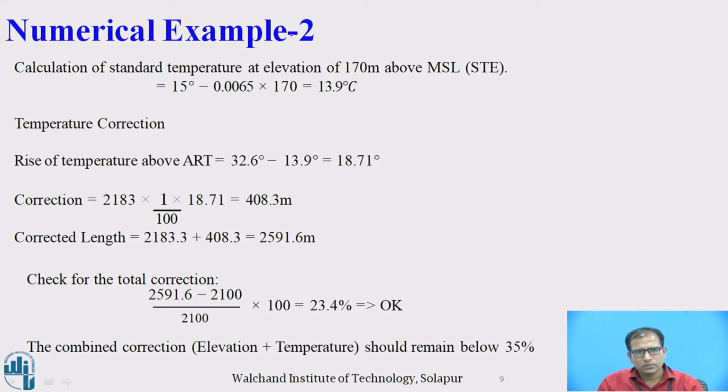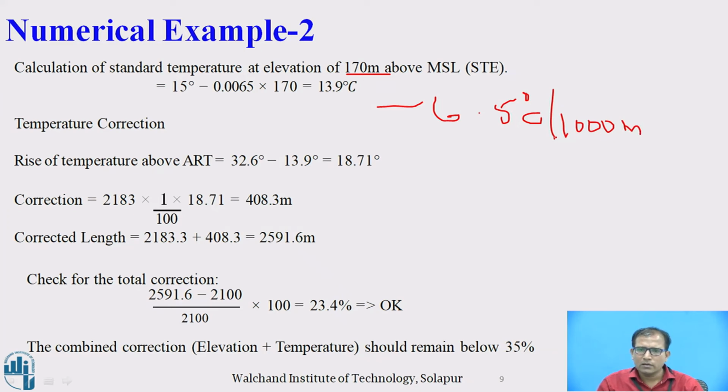Now go for temperature correction. The elevation is given as 170 meter. First you calculate the standard temperature, that is the ST value at mean sea level. Standard temperature is taken as 15 degree, and the rate of decrement of temperature as we go to higher altitude is minus 6.5 degree centigrade for every 1000 meter.